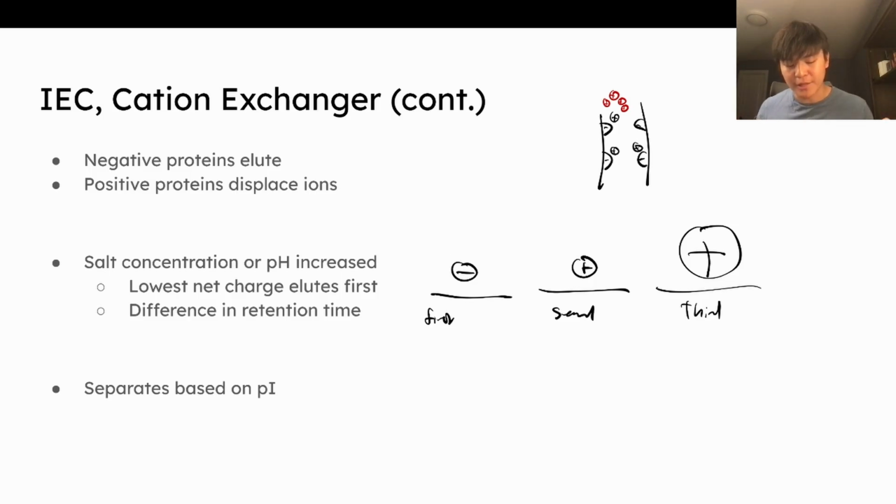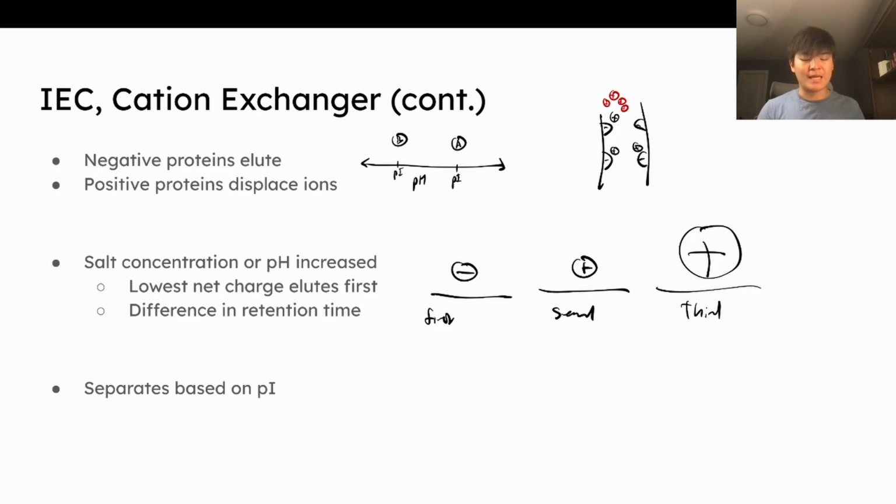Imagine you're increasing the pH slowly, right? What's going to happen? Well, imagine this is our pH scale, right? Let's say we have protein A. Protein A has an isoelectric point here, right? And then protein B has an isoelectric point here, right?